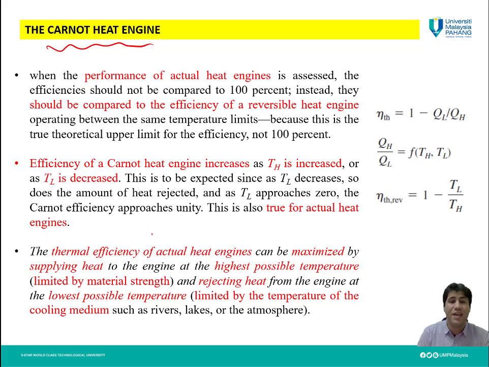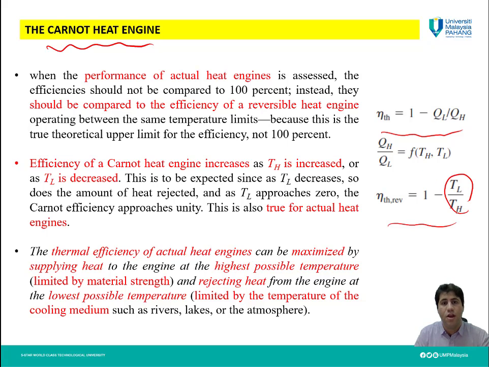Moreover, we can also understand from these equations how we can increase the efficiency of the heat engine, actual or Carnot heat engine. As you can see here, to increase thermal efficiency of the Carnot cycle, we need to reduce this ratio.